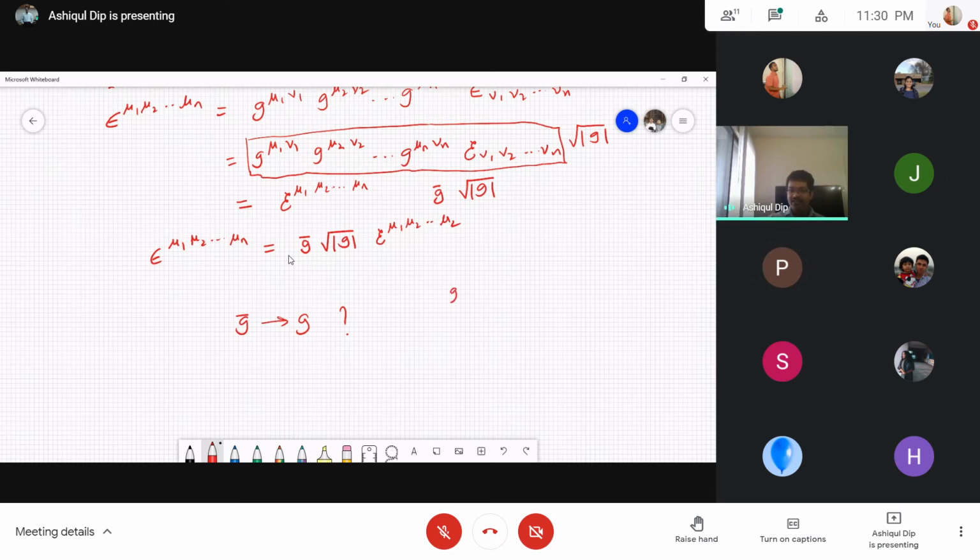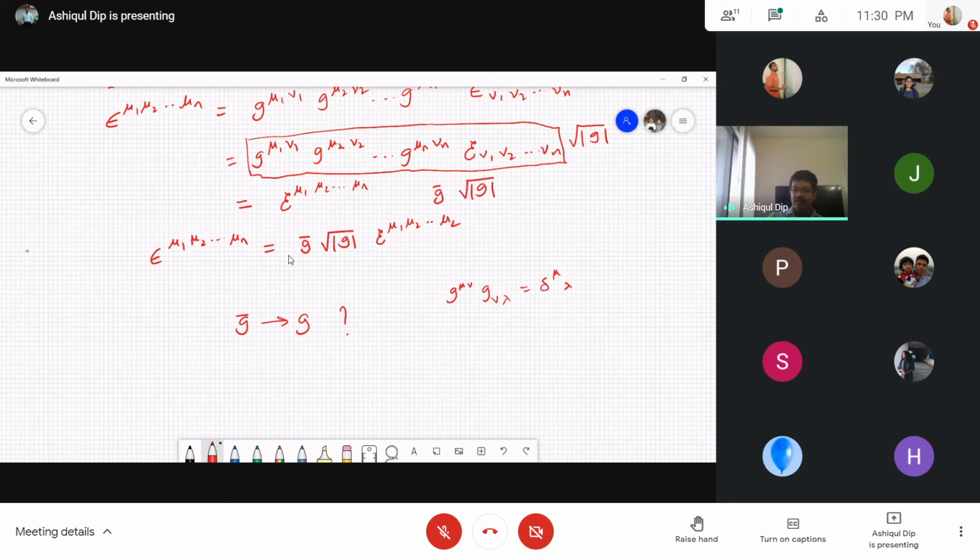So we know that G mu nu times G bar nu lambda, say, equals the Kronecker delta mu lambda. So now take the determinant on both sides. So construct a matrix out of this relation.